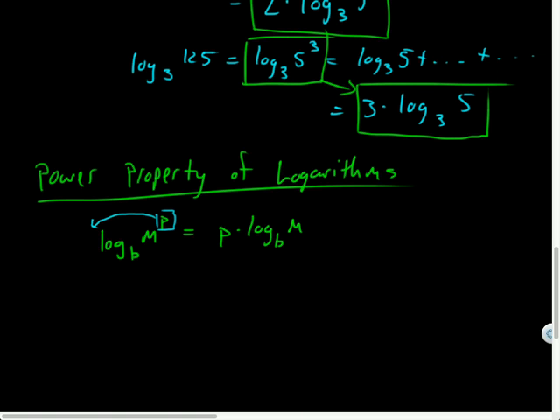And one of the things I want to point out, this is different than log base b of m all to the p. That is not what that means. Specifically the m is being raised to the pth power. So just to be clear, subtle difference there.